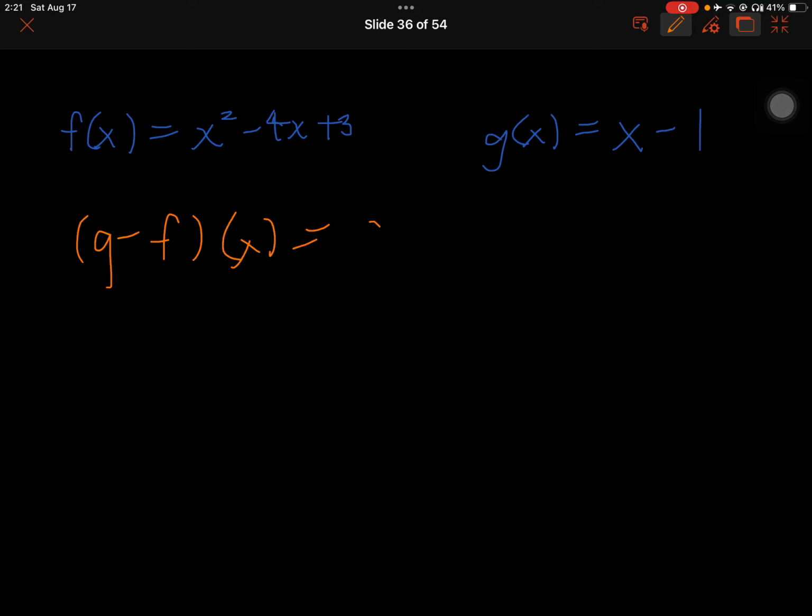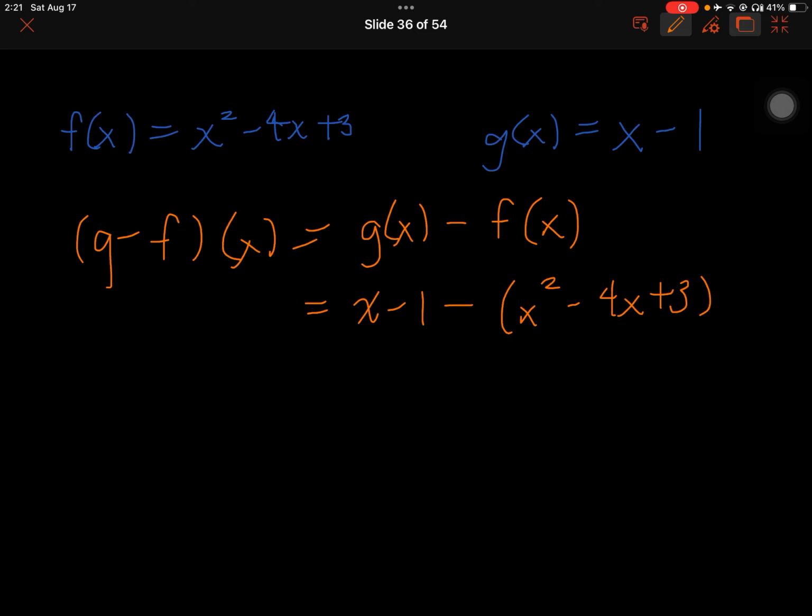So again, for this one, you have to separate them. So g of x minus f of x. So substitute the functions. So g of x is x minus 1 minus the function f of x, which is x squared minus 4x plus 3.